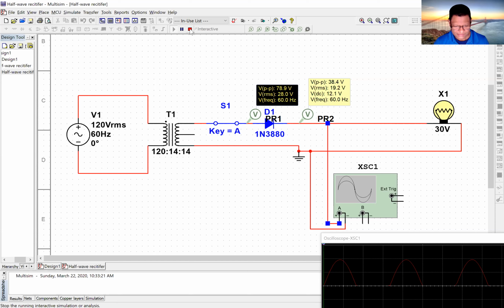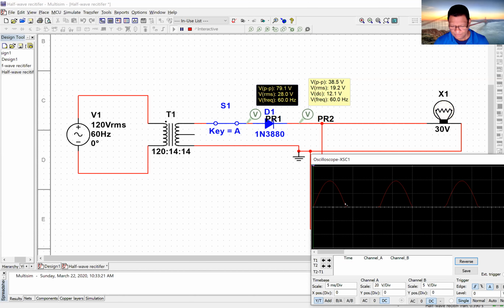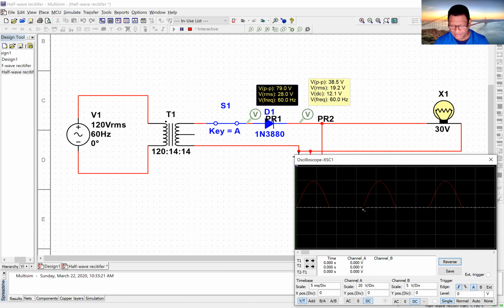Right here on the oscilloscope, we can see the same signal that you were able to see in the chart. You can see your half-wave rectification.